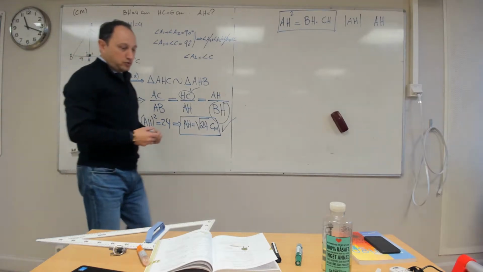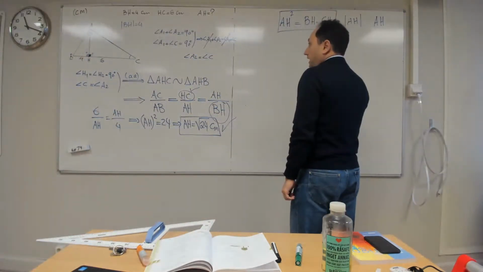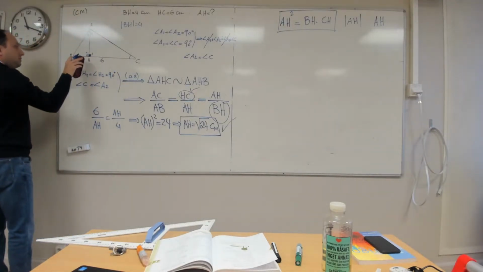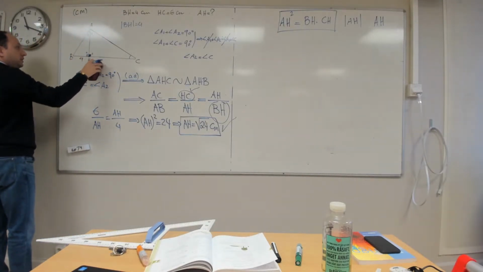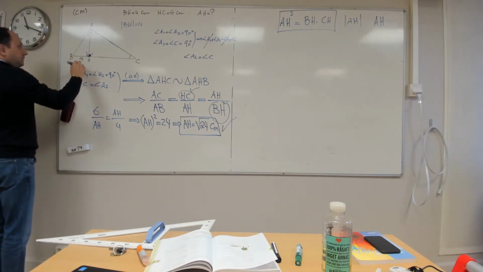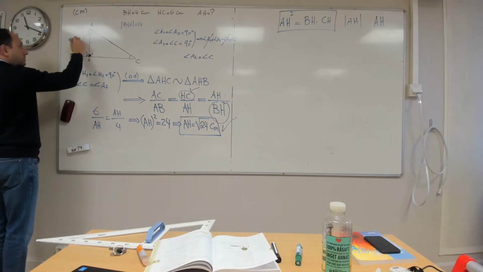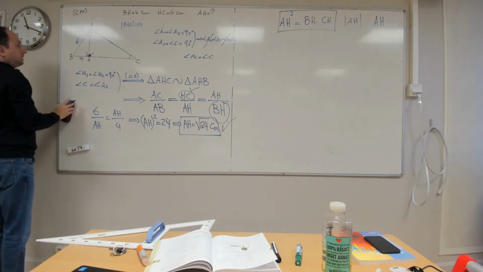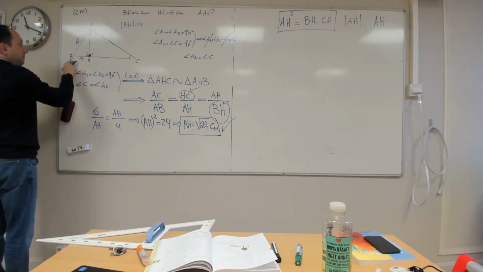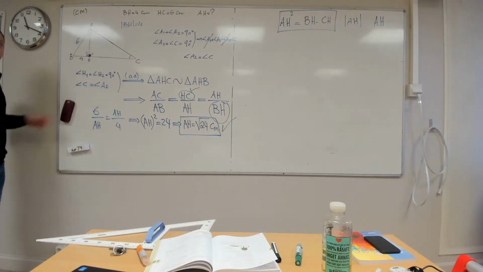Let me ask you to do something else. Okay, now let me clean these numbers, and let me keep this number here, 4. And let me, for example, write this as 6, for example. And then I ask you to calculate BC, the hypotenuse.